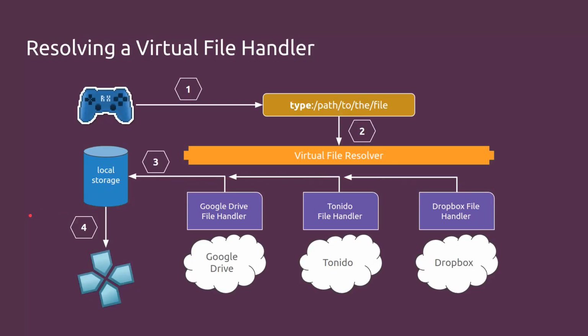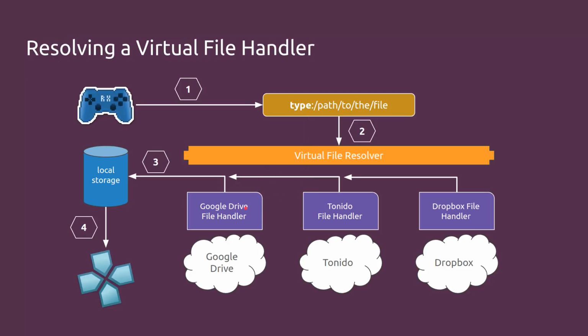Here you can see how this works. This is RetroX, and the first step is to know the location of the game. And the location will be a name like we see in the previous slide. And the location is processed by a virtual file resolver. The virtual file resolver will look at the type and will find the programming code that knows how to handle this type. So there are different file handlers for each type.